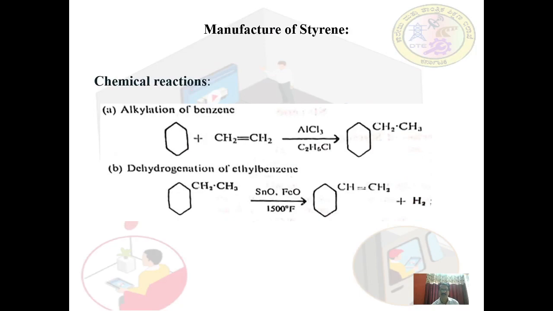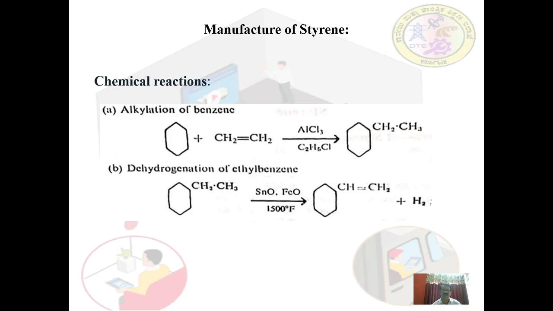Benzene is alkylated with ethylene in the presence of a catalyst, aluminum trichloride or ethyl chloride, which gives you ethylbenzene. This ethylbenzene is then dehydrogenated to styrene in the presence of stannous oxide or ferric oxide at a temperature of 1500 degrees Fahrenheit.